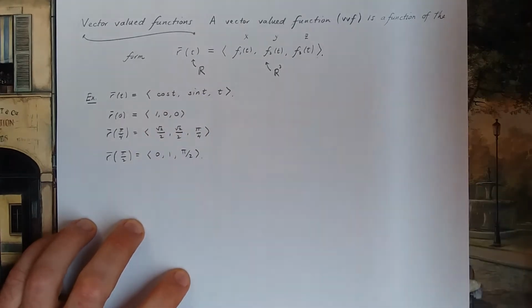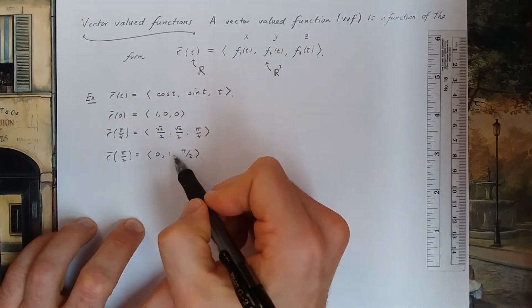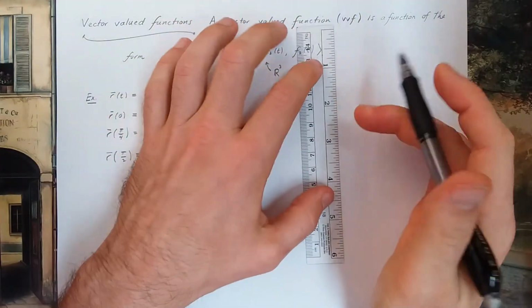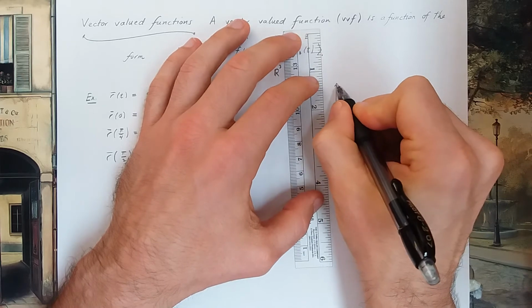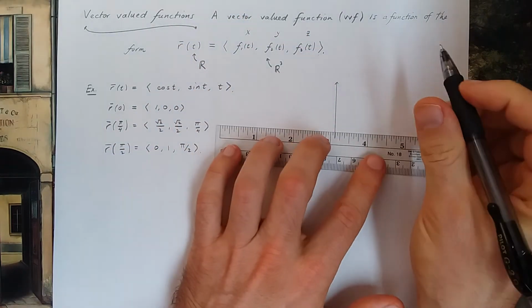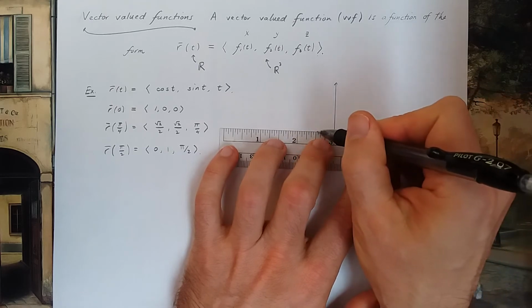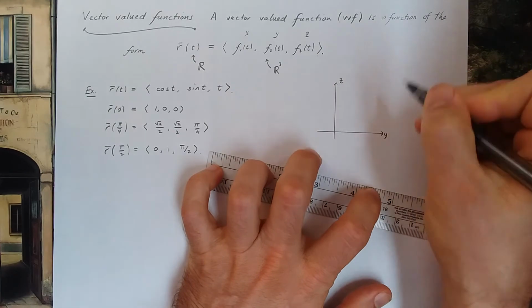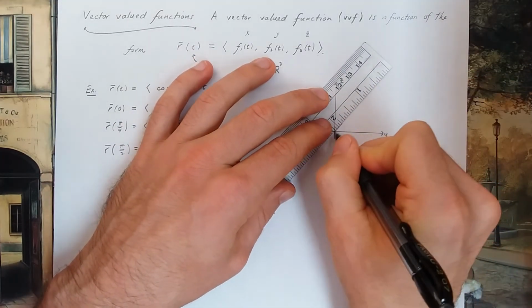Okay. I can imagine these vectors being drawn in R3. So let me draw this situation for this vector-valued function in R3. So I have 3 axes. I like to write the z-axis going straight up, the y-axis to the right, and the x-axis coming straight out.